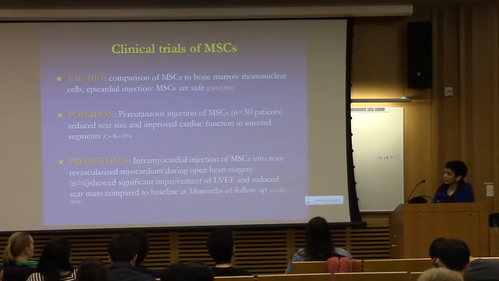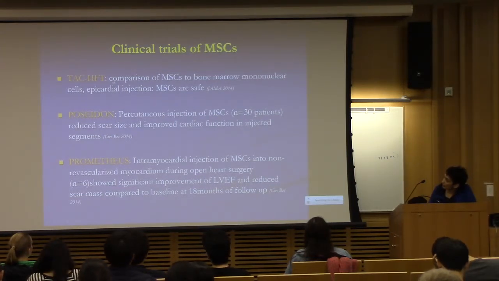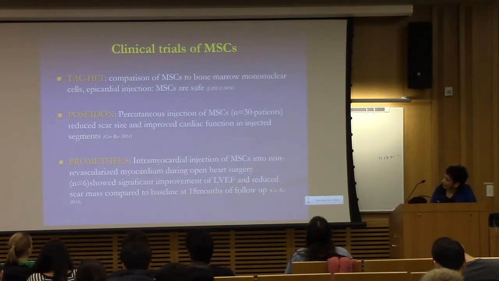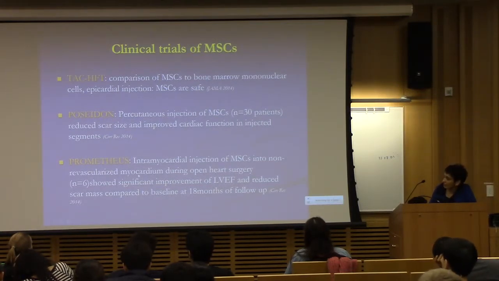but then you also don't get arrhythmias. So there have been several clinical trials done of MSCs, and again, they're all small numbers, as you can see. The first one was the STAT-HFG, and they concluded that the MSC was safe. But they did another study in 30 patients, another trial in 6 patients, and they said, oh, at least they're safe, and they may improve heart function.